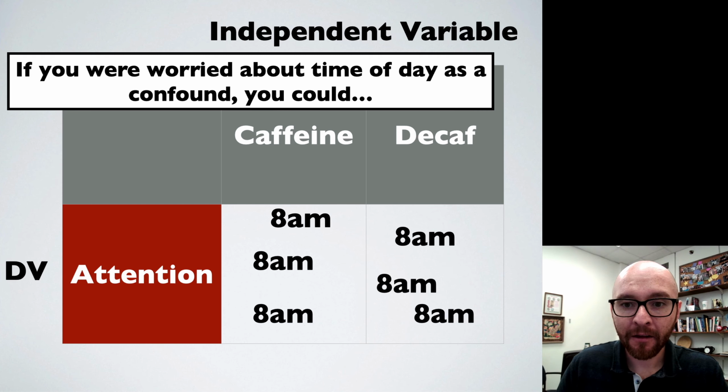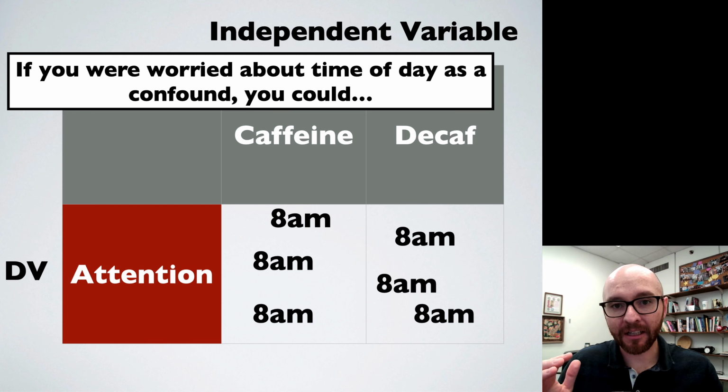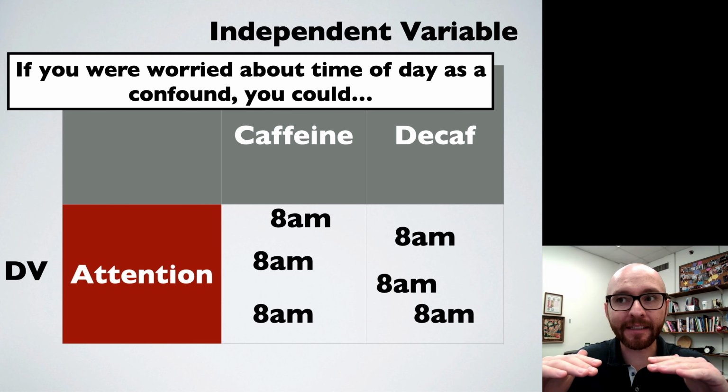You can't say that time is what influences differences between these groups if everybody participated at the same time of day, right? So I've factored that out. I've controlled this variable. That's what it means. When I control this variable, I've held it constant. I've held it the same for every person.